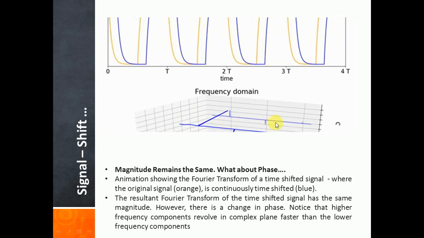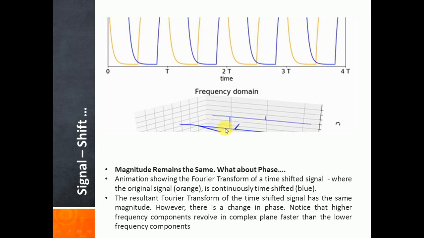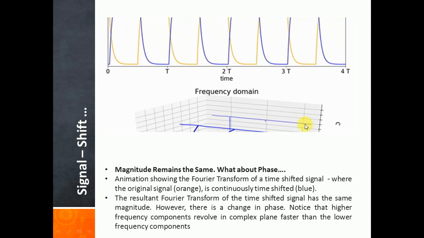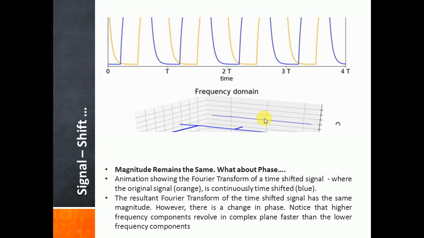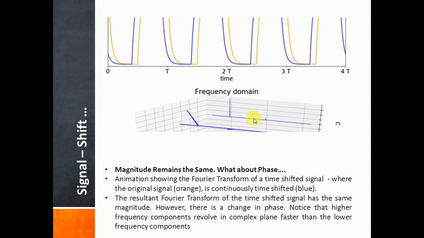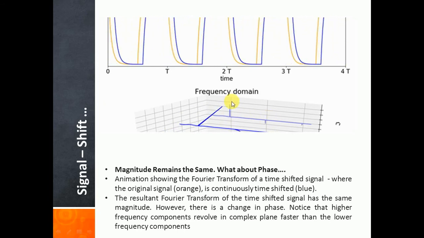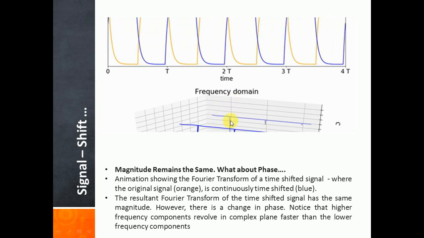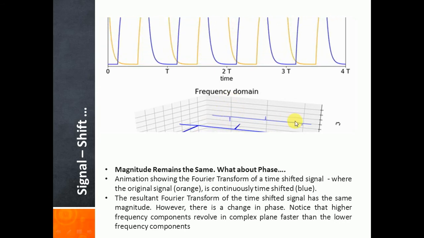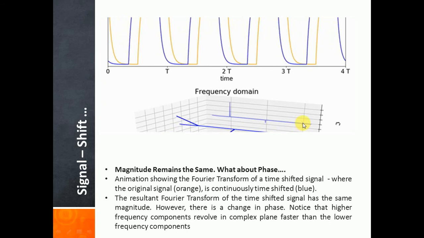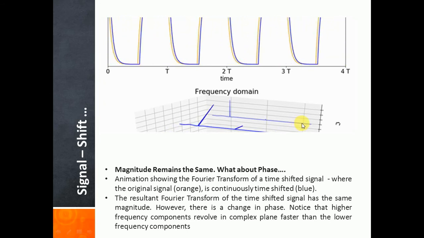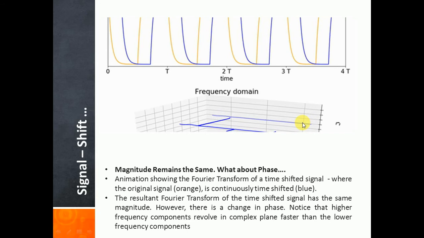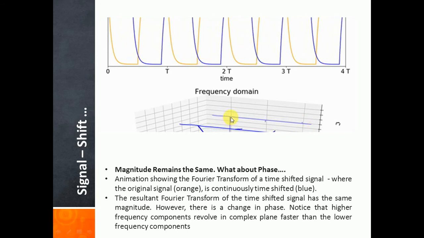Now this is the Fourier transform of the same. What is worthwhile noticing here is that for the higher frequency components and the lower frequency components, their magnitude does remain the same, but their phase changes, and that's why they are rotating. However, the other important thing is that the higher frequency components tend to move faster in phase as compared to the lower frequency components.